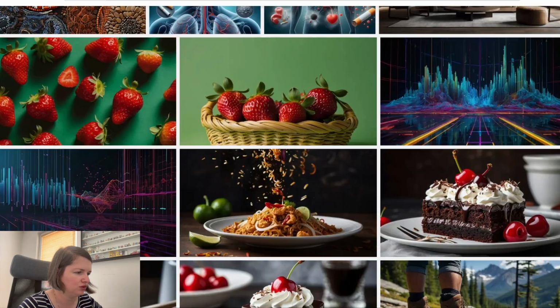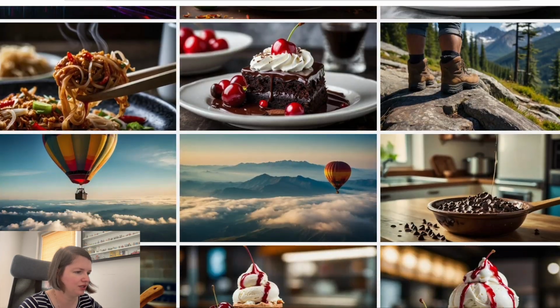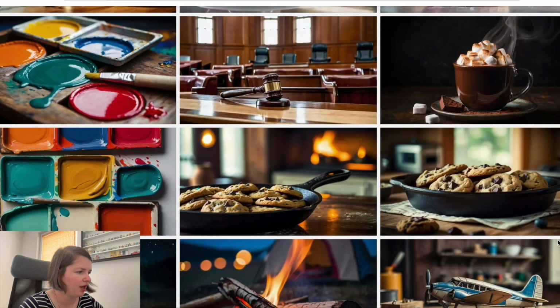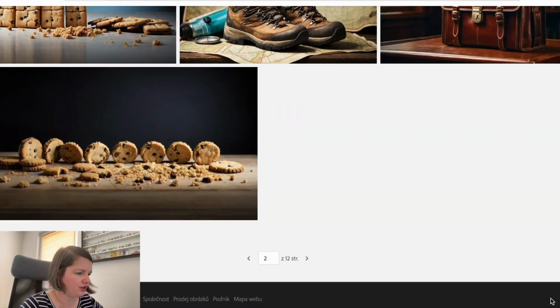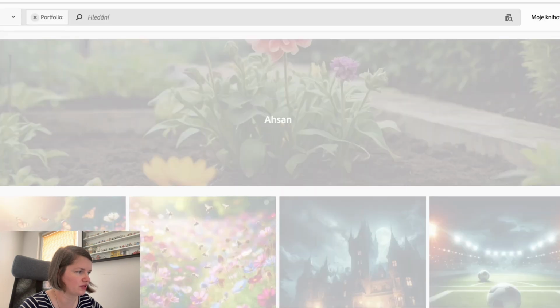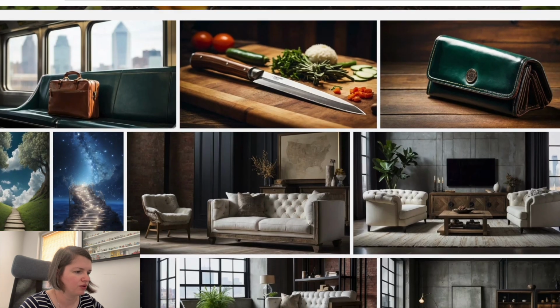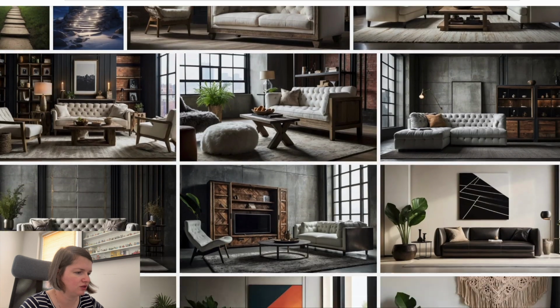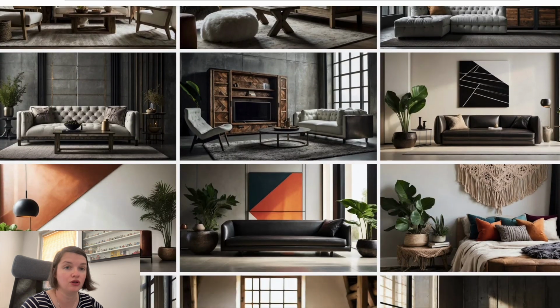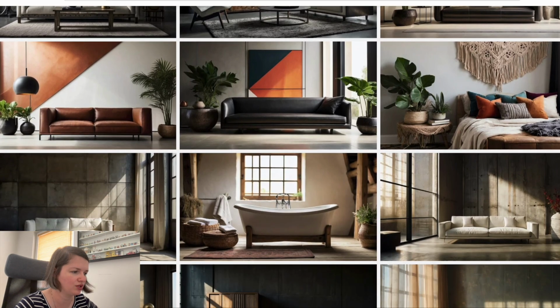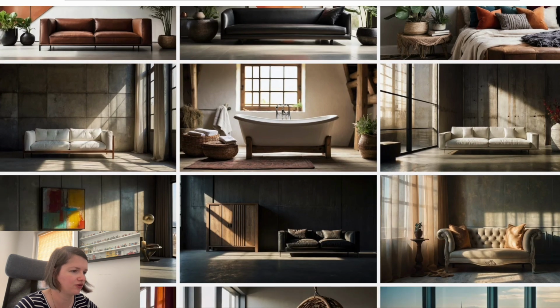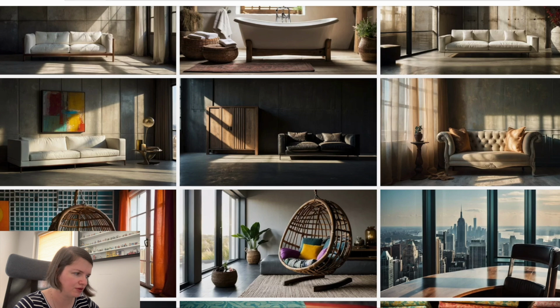So this user is not generating in Midjourney, and they have about 1200 images in their portfolio. So I have to say that 1200 images are not much, and some people are really able to generate thousands of images a month.